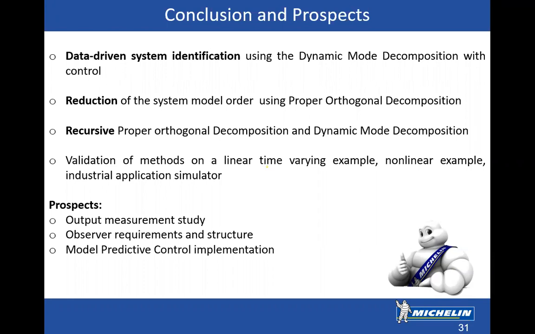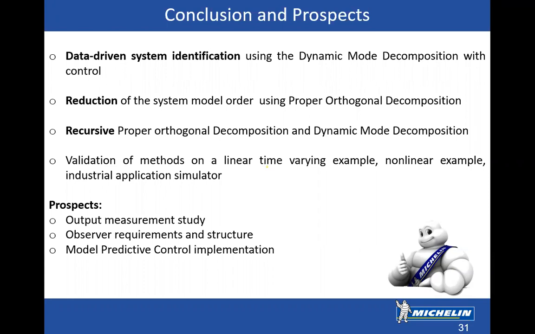We've validated the recursive methods as well as the other methods on a linear time varying example, a nonlinear example, and an industrial application simulator. In fact, the linear time varying example we tested, but we didn't show it in this presentation.